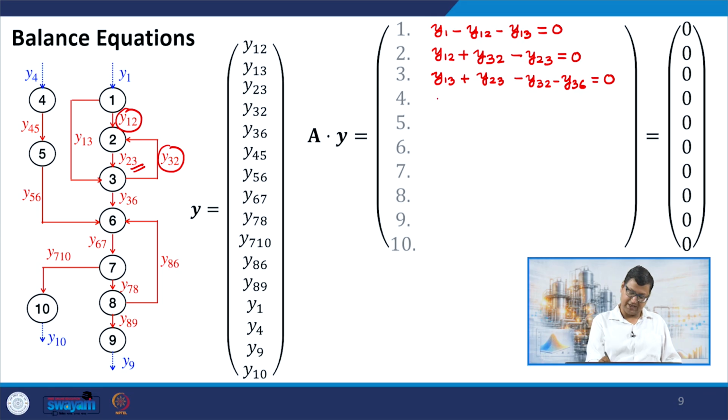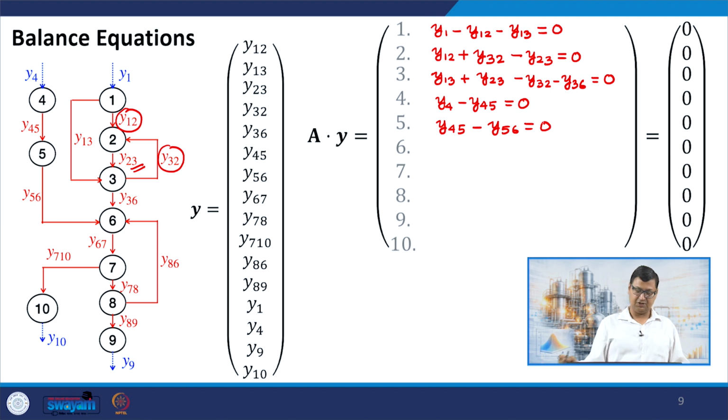For 4, we have y4 minus y45 equal to 0. For 5, I have y45 minus y56 is equal to 0. And for 6, we have the incoming edges, actually 3 of them, y36, y56 and y86. So, I write all the 3. And then we have one outgoing, y67.